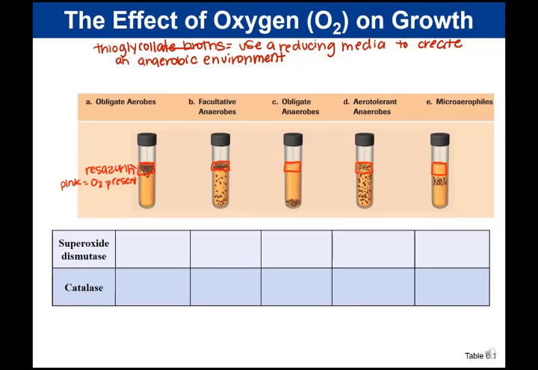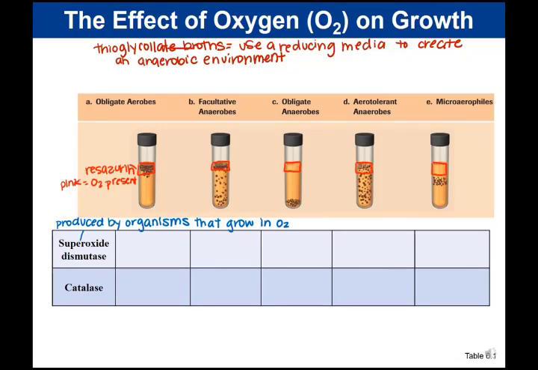Okay, so hopefully you tried this on your own, but let's review. So superoxide dismutase, remember, is used to neutralize superoxide ions, so superoxide radicals. So for our superoxide dismutase, remember that it's produced by organisms that grow in O2.